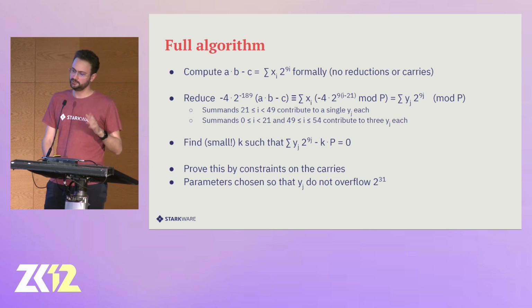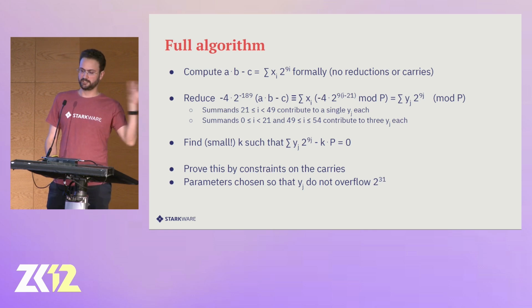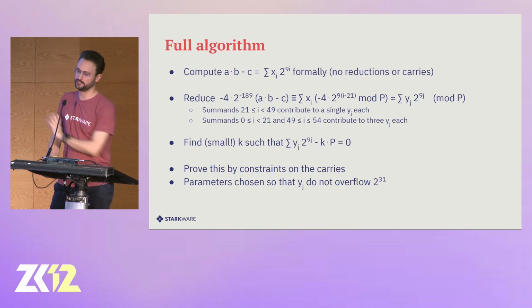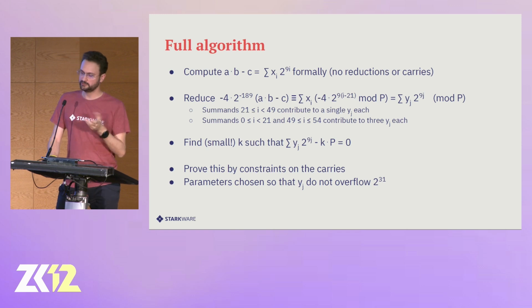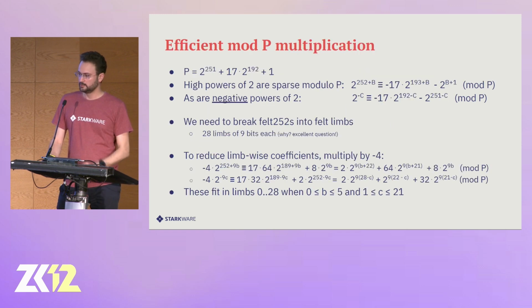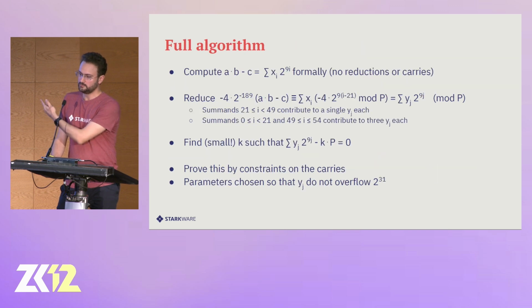So the first reduction is done by taking that coefficient, plugging it into the coefficient of the limb, the 2 to the 9 i part, and reducing that modulo p exactly by these formulas that we have. So for i between 21 and 49, we just get that these are limbs inside the range of 0 to 27 by themselves, or 28 not inclusive.